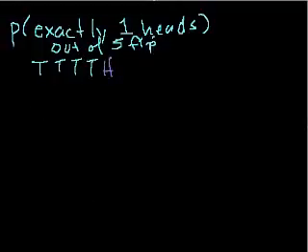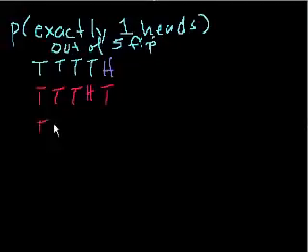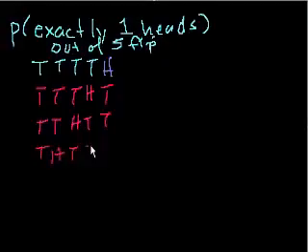That could be, as you can tell, I switch colors arbitrarily, tails, tails, tails, heads, tails. I think you get the pattern. Tails, tails, heads, tails, tails. That could be tails, heads, tails, tails, tails. That could be heads, tails, tails, tails, tails.